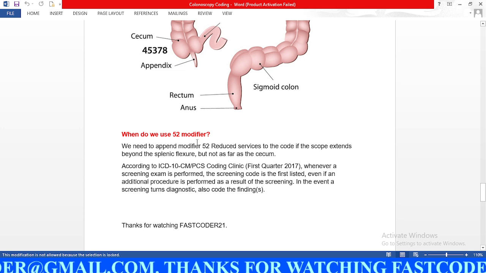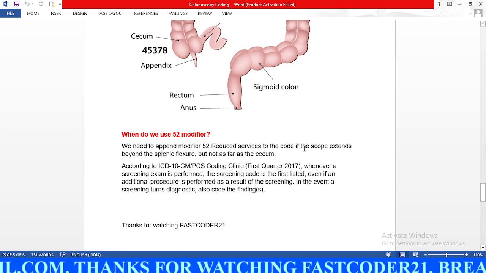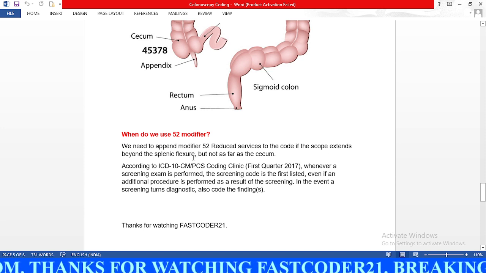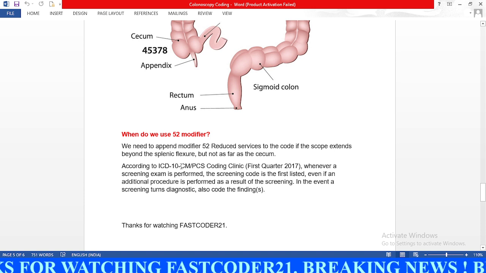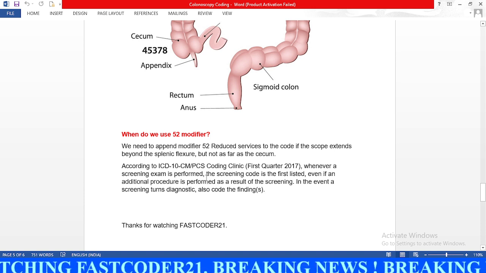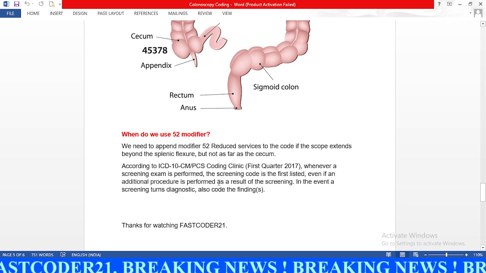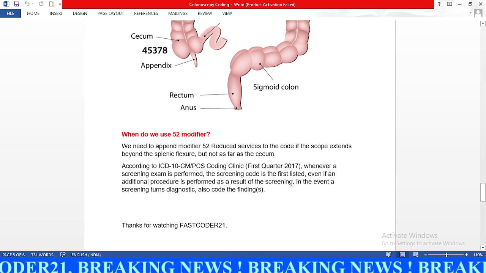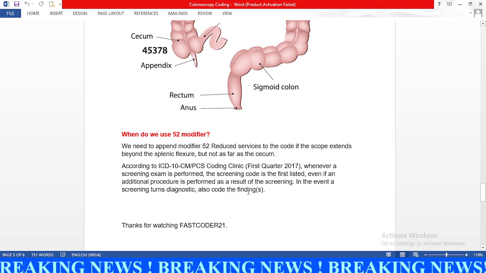So when do we use the 52 modifier? We need to append modifier 52, reduced service, to the code if the scope extends beyond the splenic flexure but not as far as the cecum. According to the ICD-10-CM and HCPCS coding clinic, whenever a screening exam is performed, the screening code is the first listed even if an additional procedure is also performed as a result of screening. In the event a screening turns diagnostic, also code the findings.